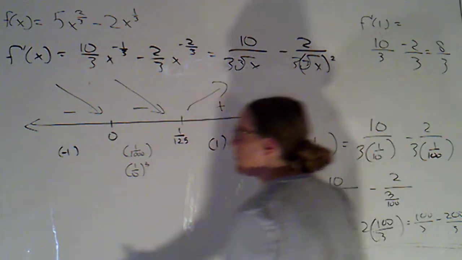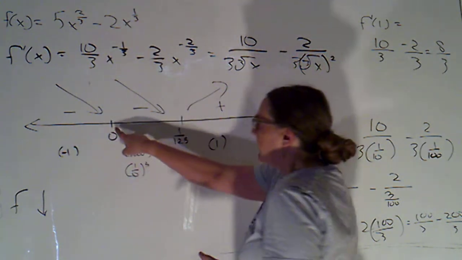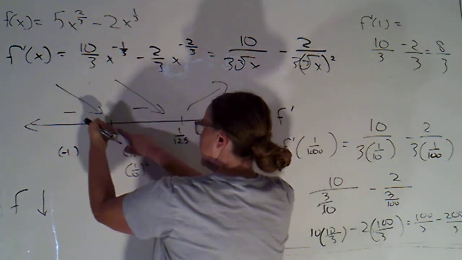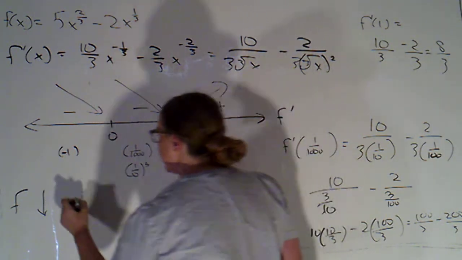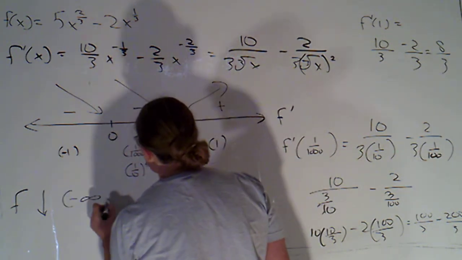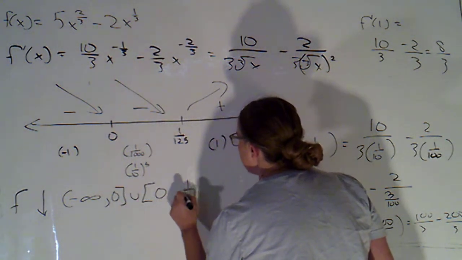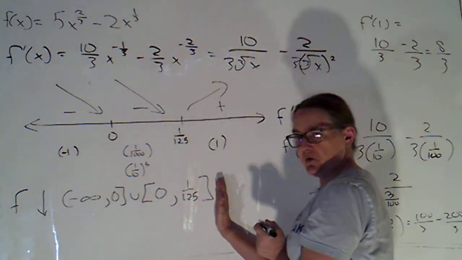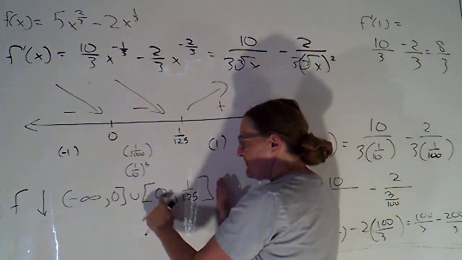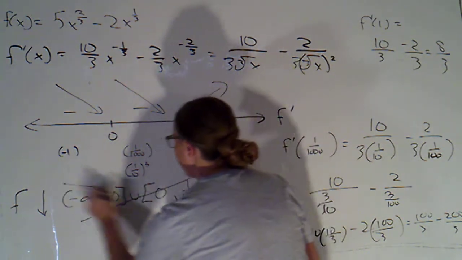Okay. So I can say that f is decreasing. Now this is kind of interesting, because it's decreasing, and then it starts decreasing again. When I have a situation like that, I don't need to, and I actually shouldn't, write it as 2 separate intervals. So you might be tempted to say it's the union of these 2 intervals, but if 0 is included in here, you just smush that together and write that as 1 interval.